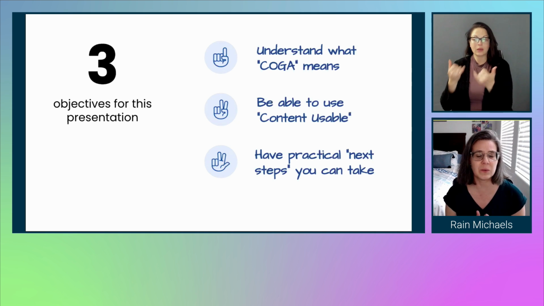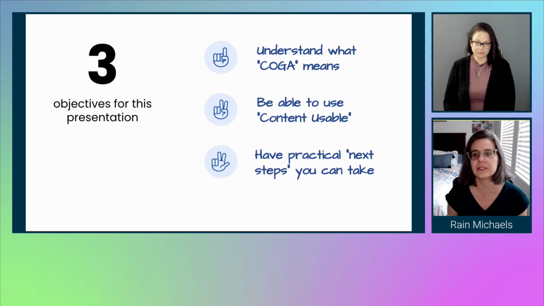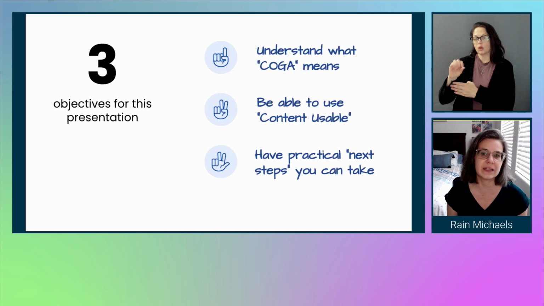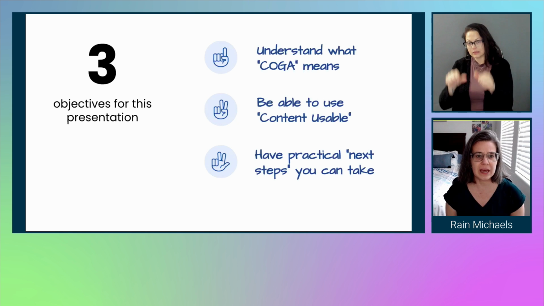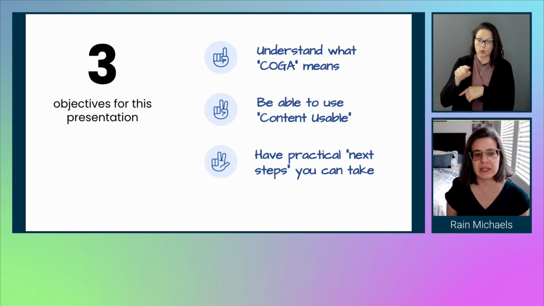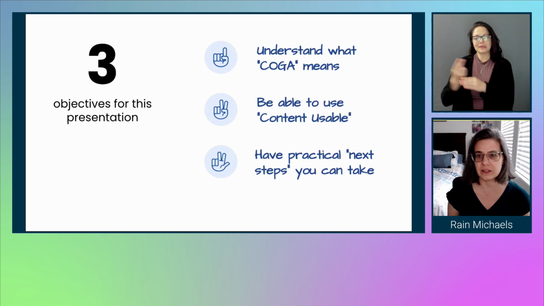The first is we want to give a really concrete way to understand what COGA, or cognitive accessibility, actually means. The second objective is to enable you to feel confident making use of the document, Content Usable.